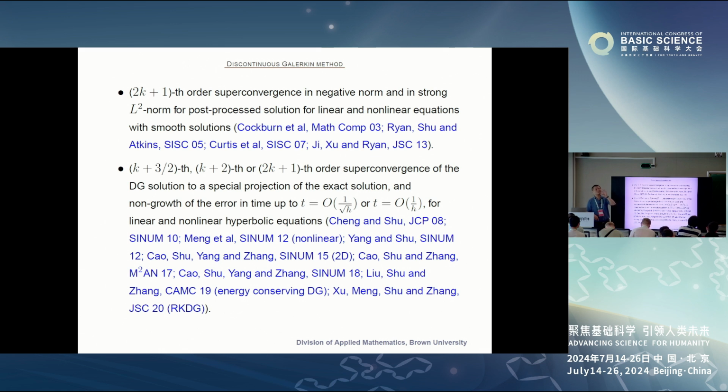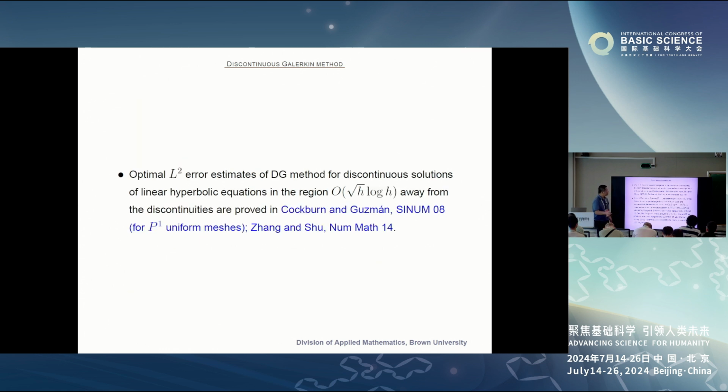You use polynomials of degree k, and in certain weak norms you actually get 2k plus 1, which is double, right? So you get k plus 1 for strong norms, but you get 2k plus 1 in certain cases, either in weaker norms or in a certain special case. Superconvergence.